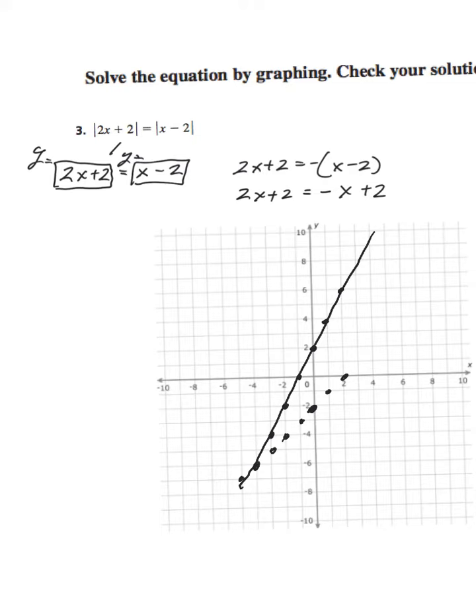Anybody find it? Okay, I'm thinking it's -4. Right? Is that what you got?